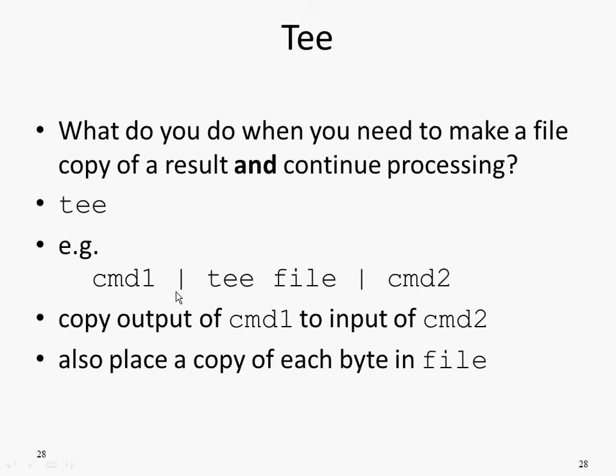It puts that into a file, but it also passes that on as its standard output to command 2. So, ladies and gentlemen, in case you're wondering about the name, it's like a T. It's connecting up command 1 and command 2, but also putting it to a file. So that's why it's called a T, right? Does that make sense to people? Okay.